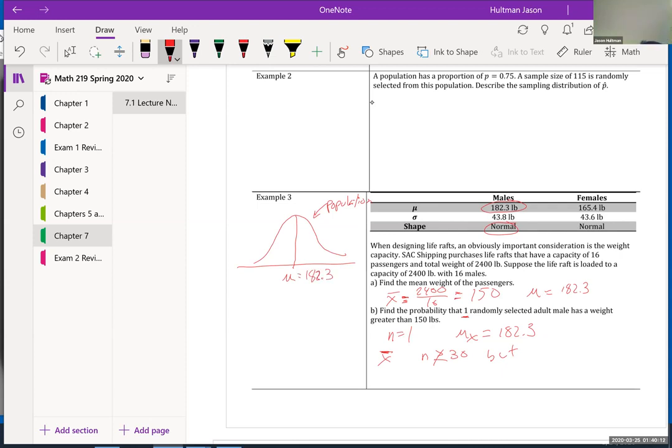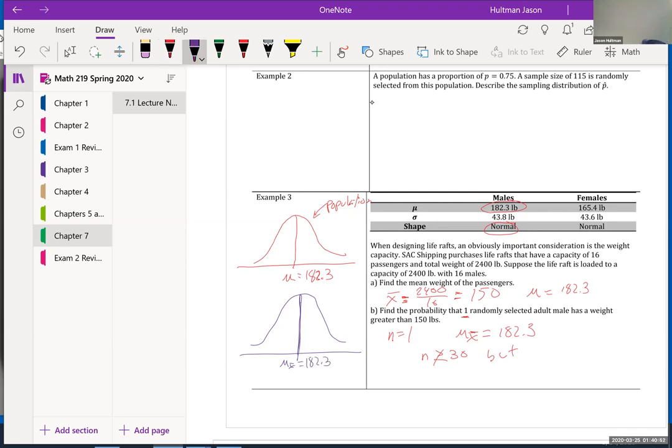It says, what is the probability that one randomly selected adult male has a weight greater than 150 pounds? So n is equal to 1, mu of x is equal to 182.3. The new one is still going to be normal, and mu of x bar is equal to 182.3.